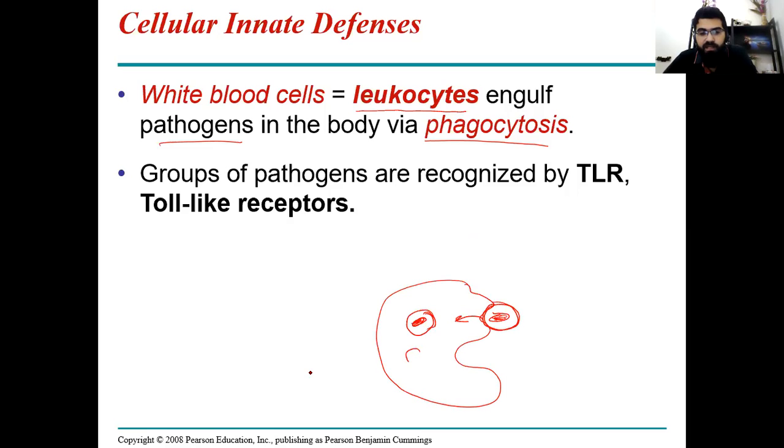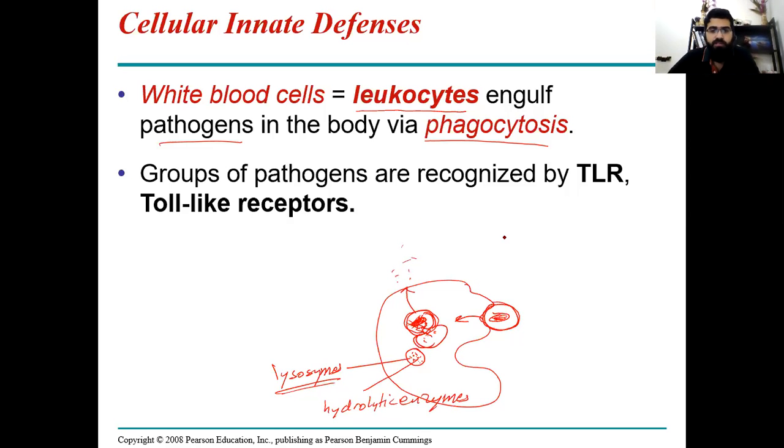Then lysosomes, which you know are organelles found inside the cell containing hydrolytic enzymes, fuse with the vesicle containing the bacteria, and the enzymes start destroying the bacteria, then release the remains outside or use them inside the cell. Any question about this point?